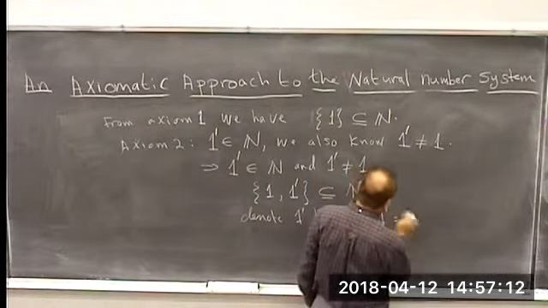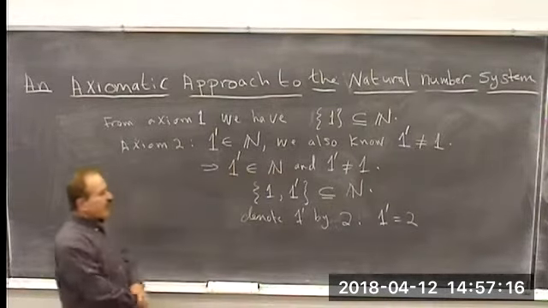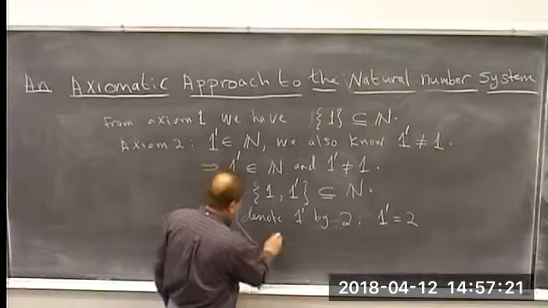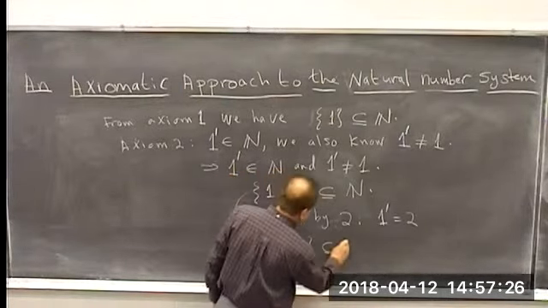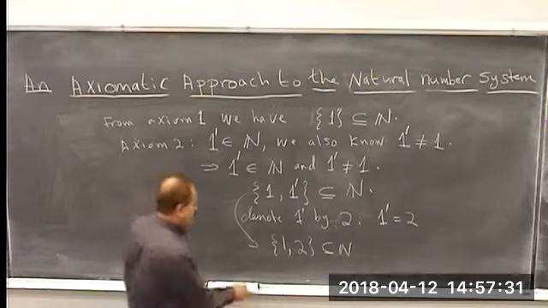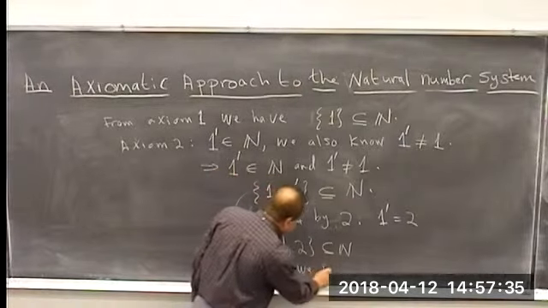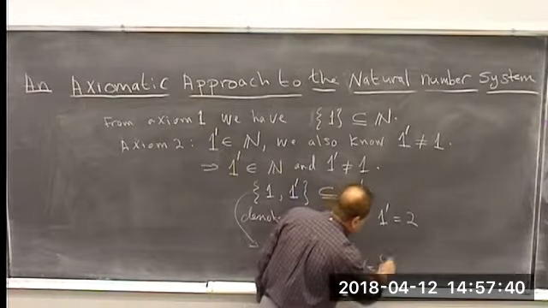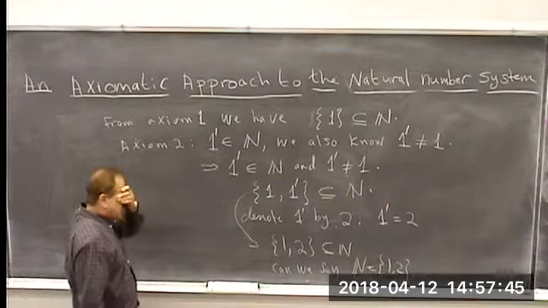In fact, you can use any other symbol, but we don't want to get fancy, so we're going to use 2. So far, this is telling us that we have 1 and 2 in N. Now, the question is, can we stop here? Can we say N is just 1 and 2? Then you might say, well, we need a successor for 2.